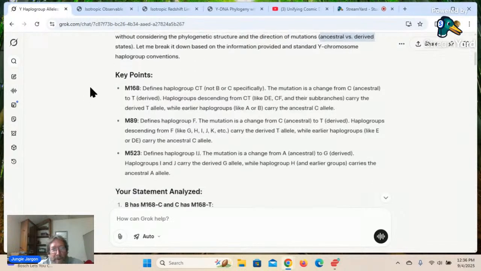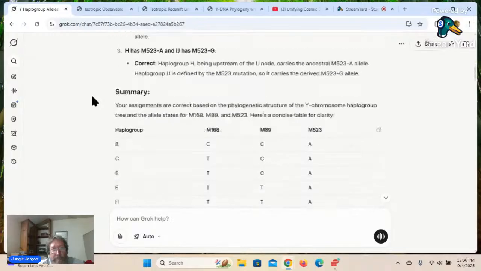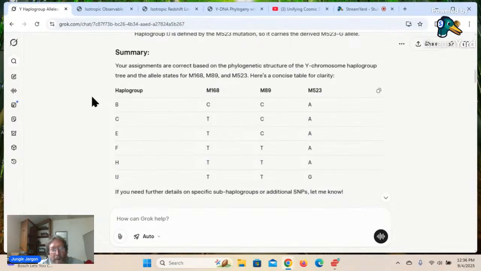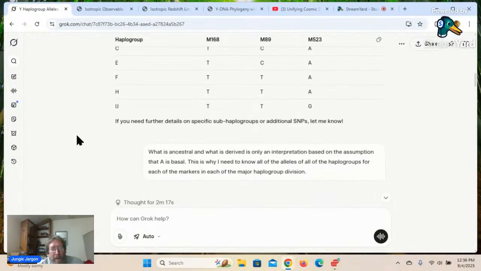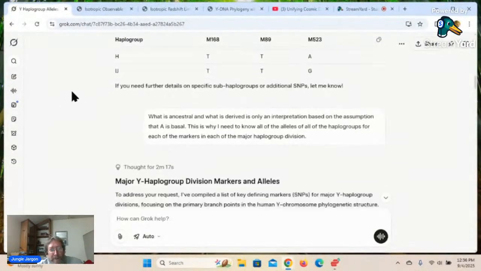Break it down. So he breaks it down. So your assignments are correct based on the phylogenetic structure of the Y chromosome haplogroup tree and allele states for M168, M89, and M523. If you need further assistance, okay.